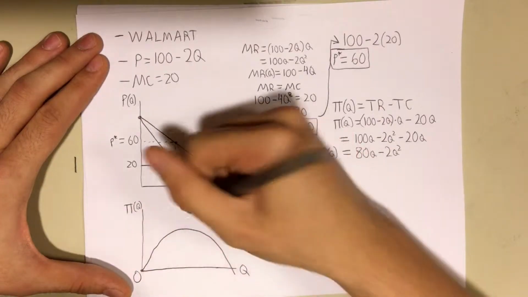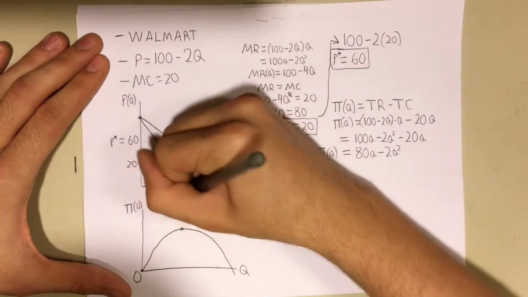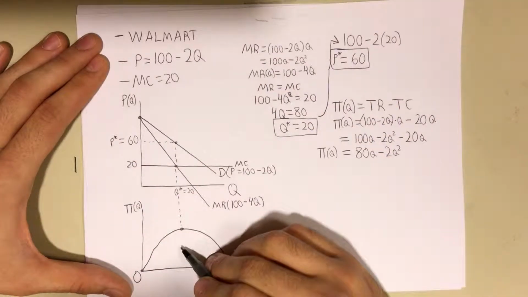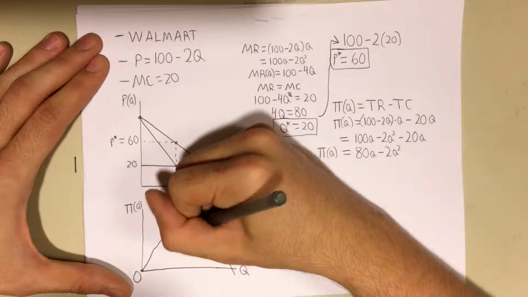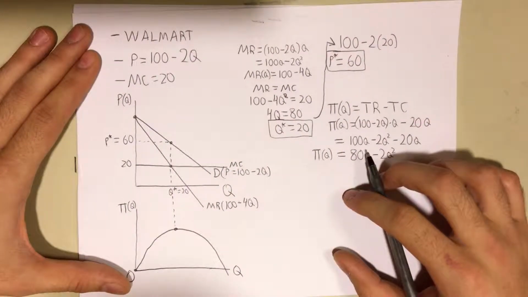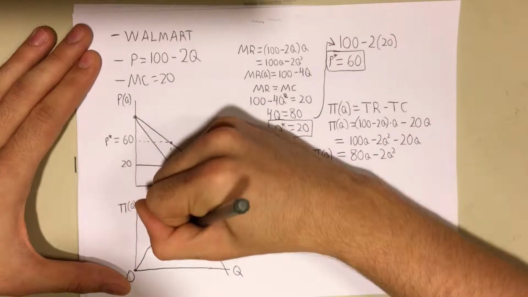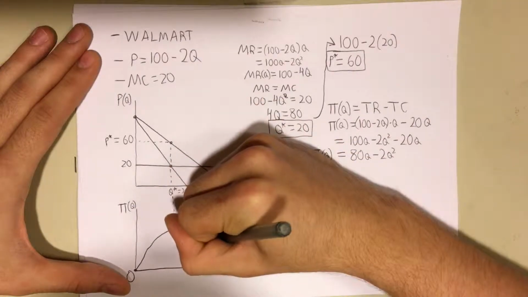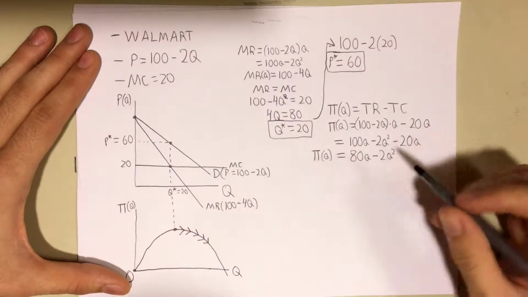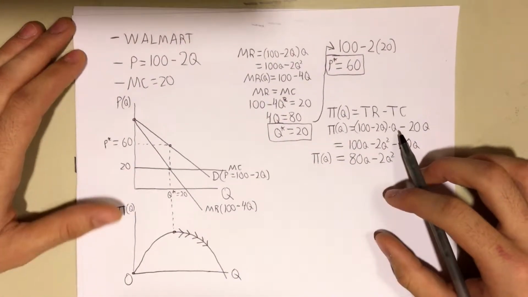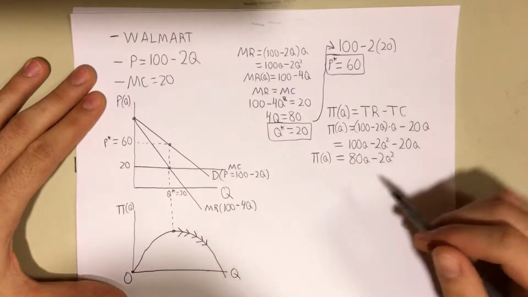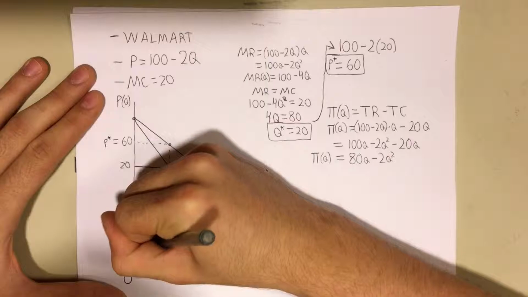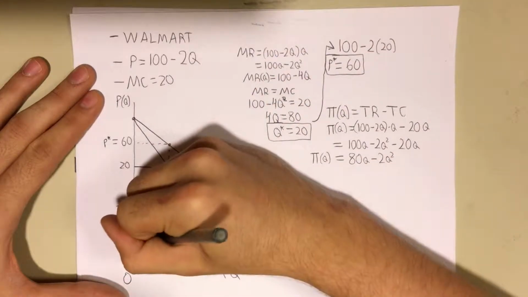And as they produce more, they will reach a peak where Q equals 20. That is the maximized profit number. And as they produce after this point, they will get diminishing returns on their profit. So as they produce more quantity, profit will also decrease. As they increase quantity here, profit will increase.